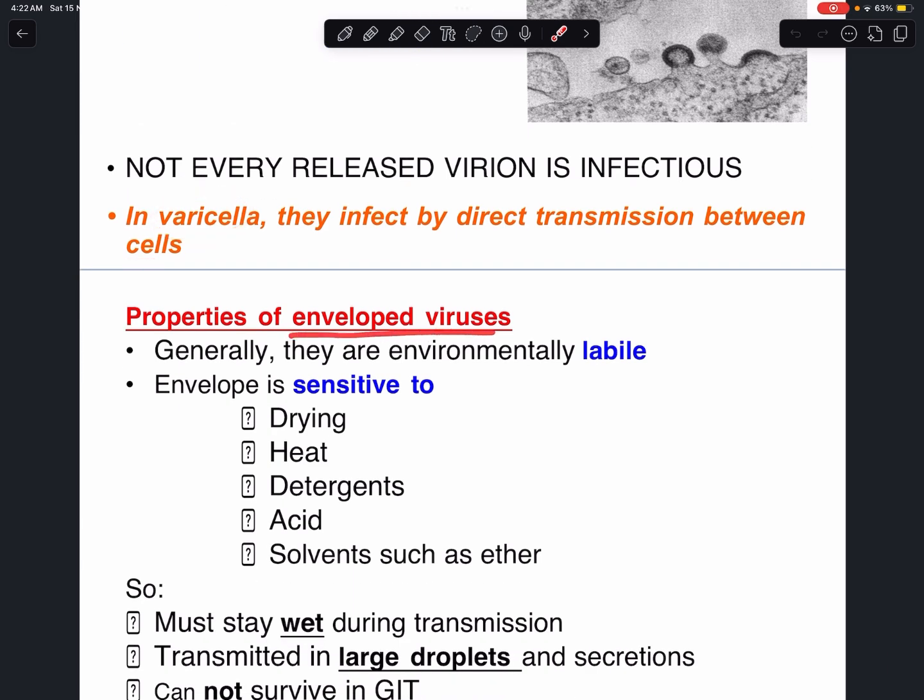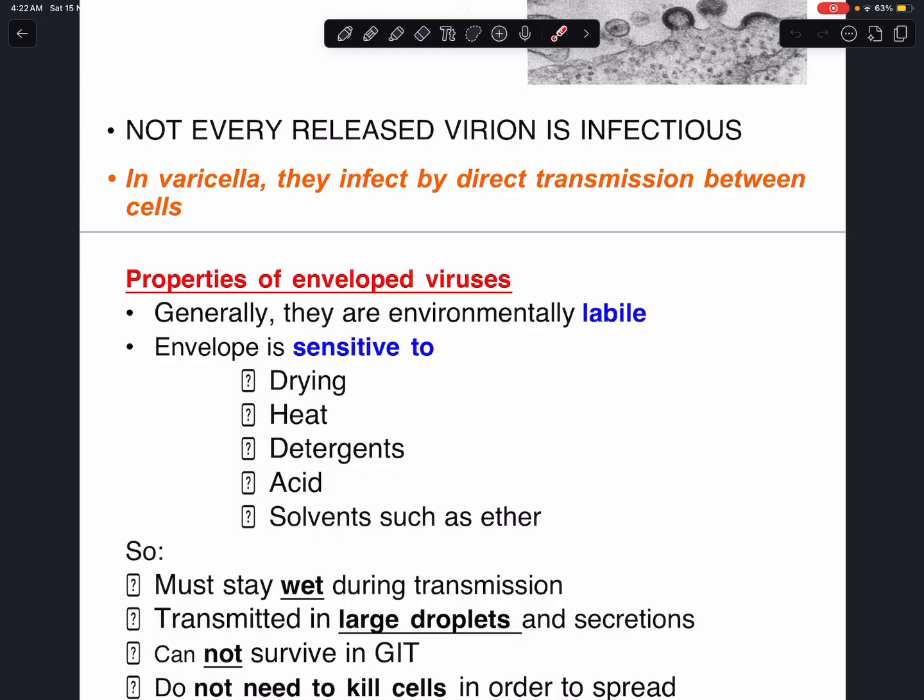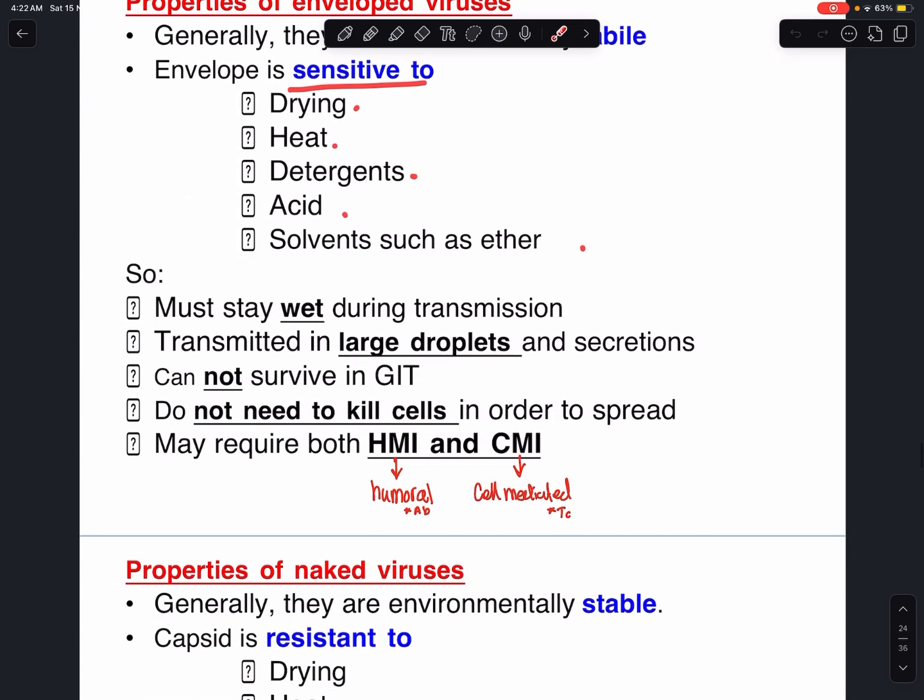Properties of enveloped viruses. Generally, they are environmentally labile. The envelope is sensitive to drying, heat, detergent, acid, and solvents such as ether. Must stay wet during transmission. So, if the virus is on a table, it's not going to be transmitted.